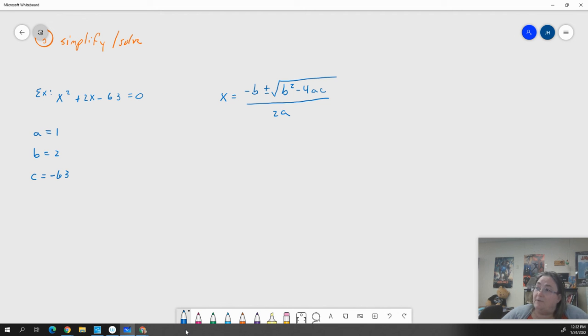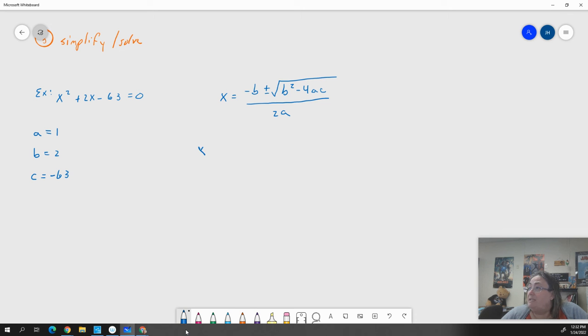If any of these except for A doesn't exist, like if we don't have an X term or a C term, we can still solve it, right? Our B term would just be 0 or our C term would be 0. If our A term is 0, it's not a quadratic. You got to have that X squared or it's not a quadratic.